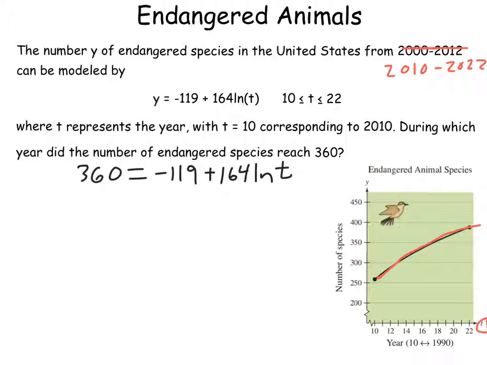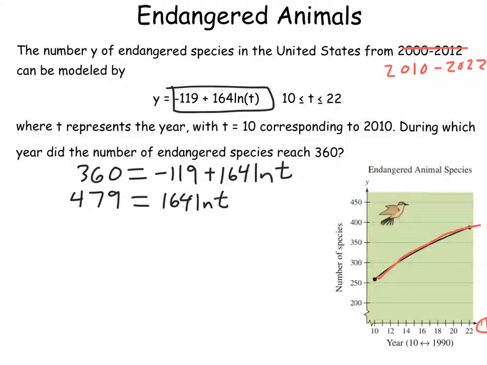Okay, when is this expression right here, because as time changes, that gives you the prediction of how many endangered species are going to be on the list. When is that going to equal 360? Your first step would be to add 119, which would give you that.